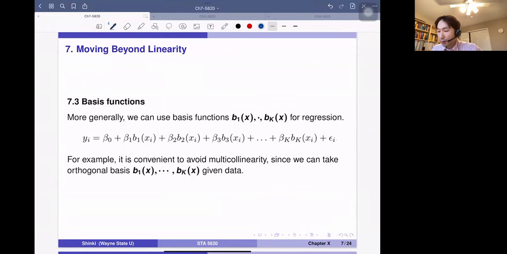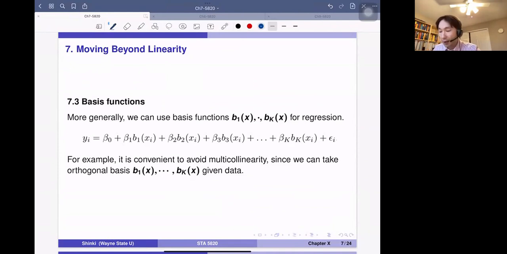Okay, so the next one is the basis functions. The first was polynomial regression, where we use x squared and x cubed. And the next, the step function, is basically the indicator function for each of the 4 intervals that we defined.